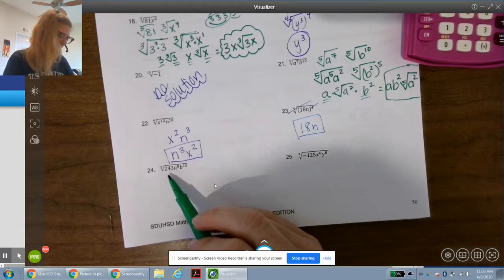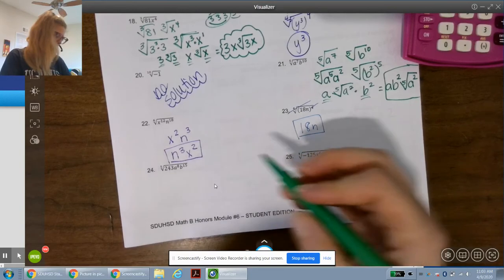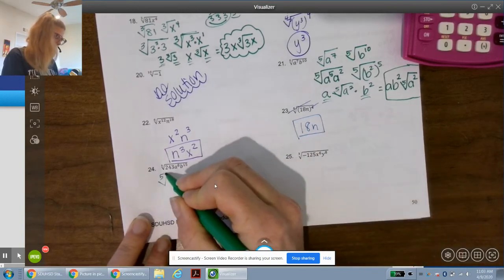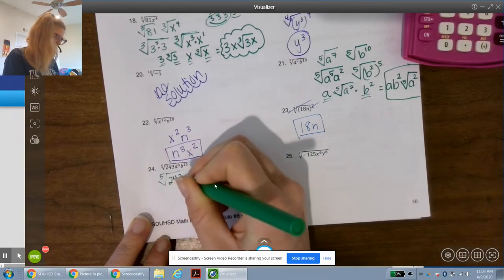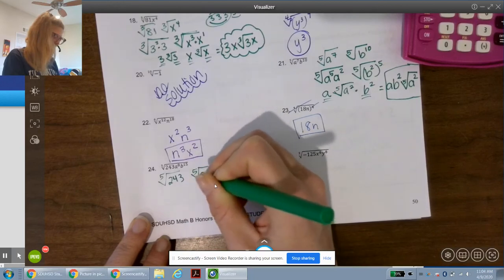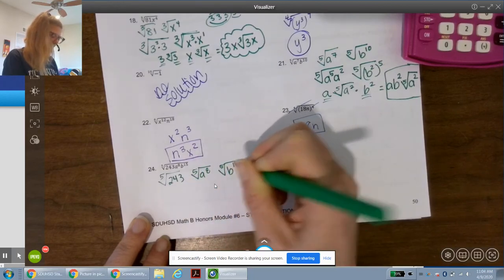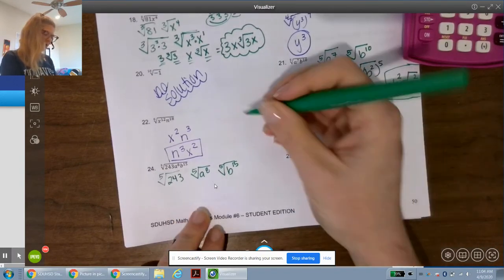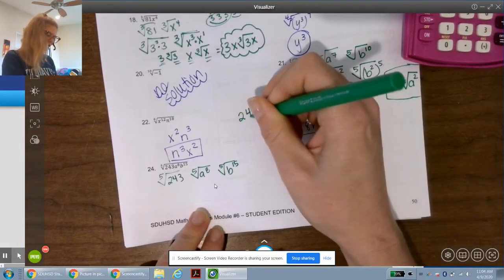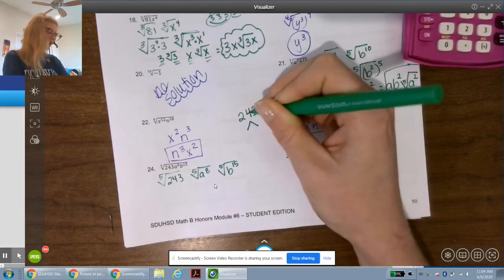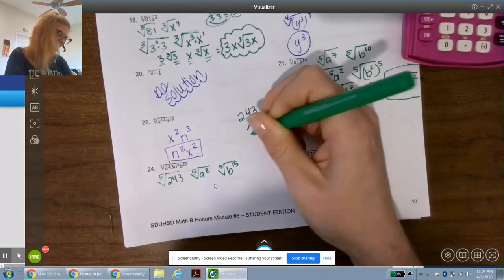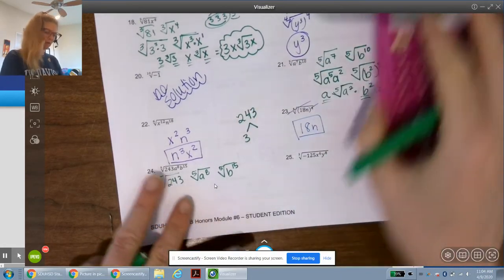Okay, big number. 5th root of 243, a to the 8th, b to the 15th. So let's see. 5th root 243. 5th root, a to the 8th. 5th root, b to the 15th. Okay, luckily I have some room up here. I'm going to use 243. So I know 3 goes into 243.